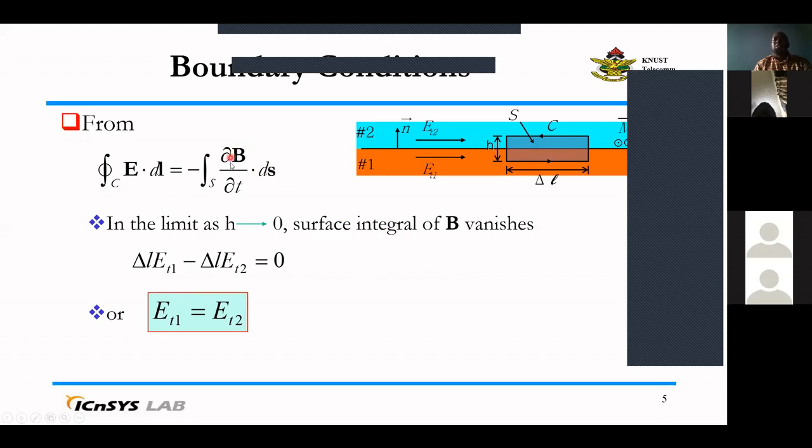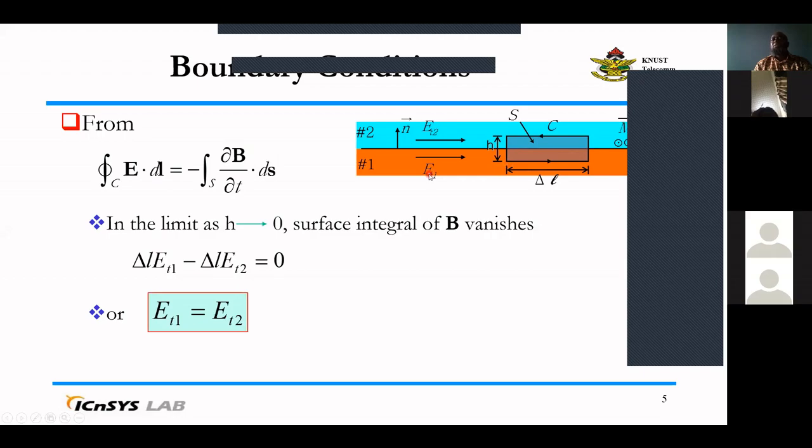And so we have just a line at the interface. If we have a line at the interface, then the surface integral of B will vanish, but the line integral of E will still be present. In medium 1, E is along this direction, which we keep positive. In medium 2, E is along this direction, which will be negative.